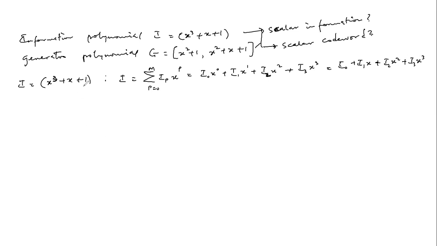So if we rearrange this, we are going to get 1 dot x naught plus 1 dot x plus 0 dot x squared, because we don't have x squared here, plus 1 dot x cubed.